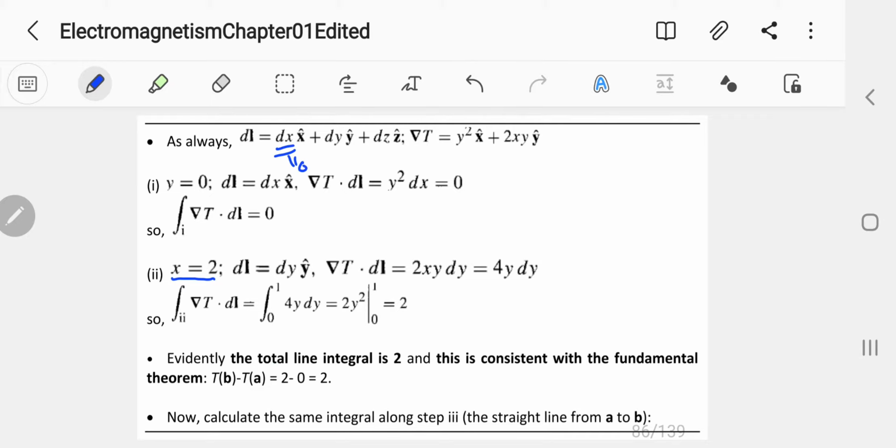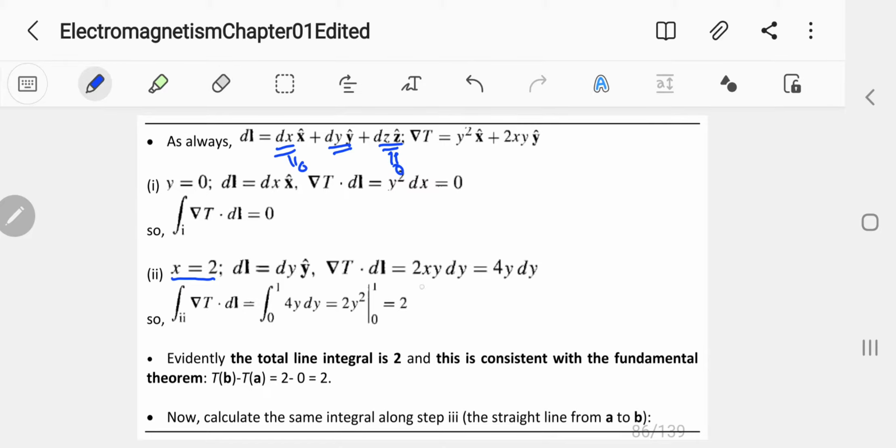That's the derivative of a constant, but the y changes, so the y remains, and of course z is 0, so dz is also equal to 0. So if you dot the gradient of t with dl, it is just in the direction y hat, so this is the only term that survives. This one will be 0.